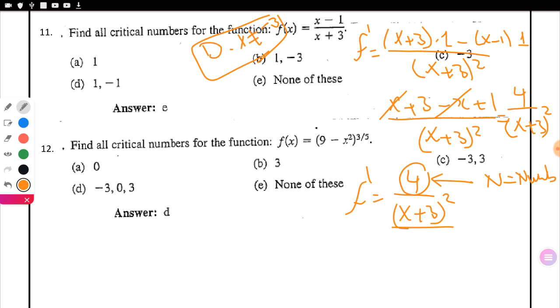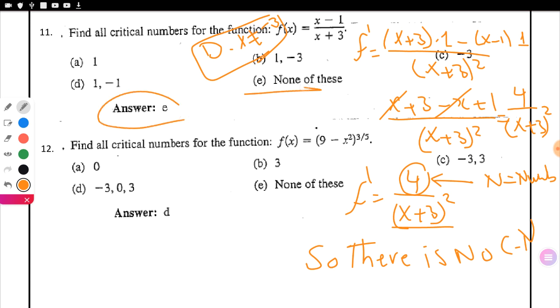Because for a critical number, the function must be continuous at it. So there is no critical number. That is why we choose E, none of these. I'll tell you why. The critical number of a given function must be in the domain; if the function is not continuous at a given value, it is impossible to be a critical number.